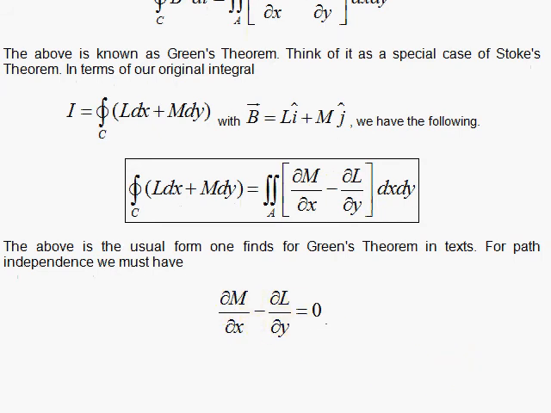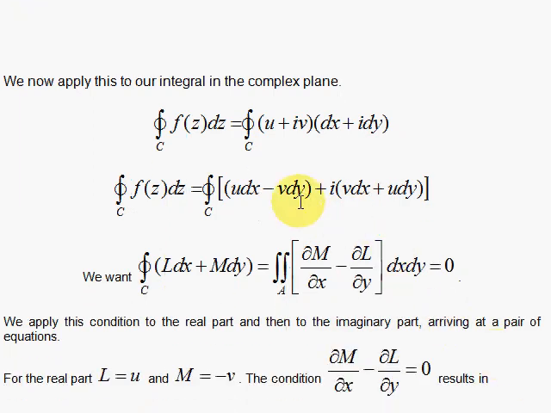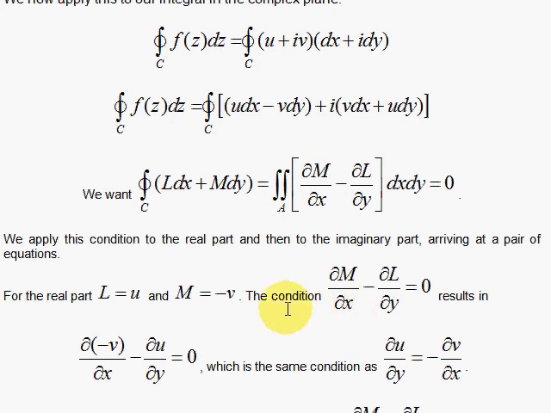And I apply that twice now, because I have two of these to do. For the first one, remember L is what is multiplying the dx, so that's u, and M here is minus v. So when I apply the condition, I have the partial of M with respect to x, the partial of the negative v with respect to x, minus the partial of u, that's my L, with respect to y, has to vanish.